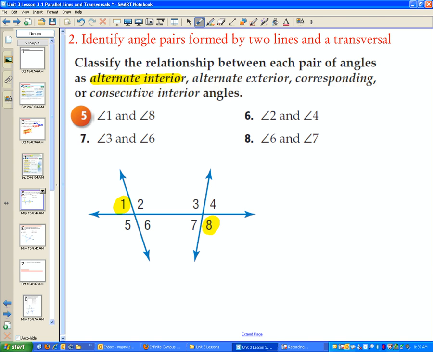Are they alternate interior? No, they're not interior. Are they alternate exterior? Yes, they are exterior angles. They are on opposite sides of the transversal. They're non-adjacent. That's alternate exterior. Now we can abbreviate this. ALT for alternate, EXT for exterior, angle symbol, S. Alternate exterior angles.